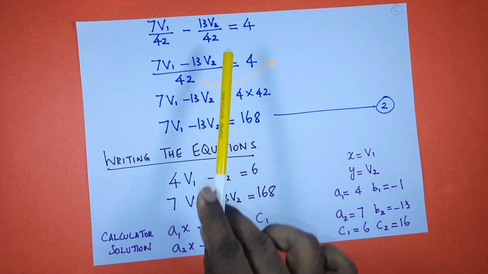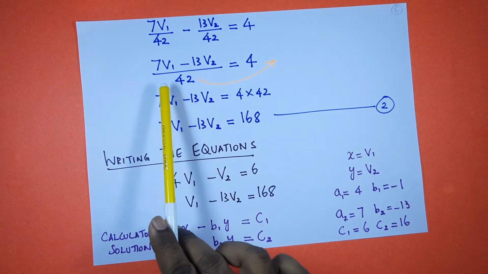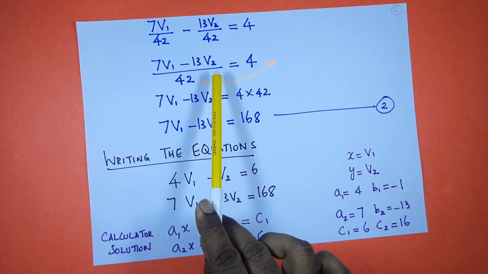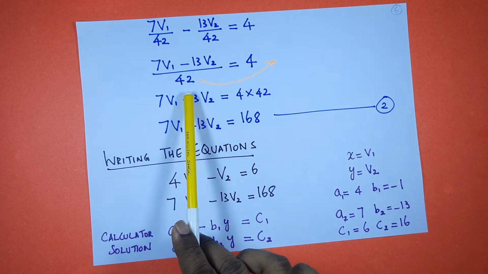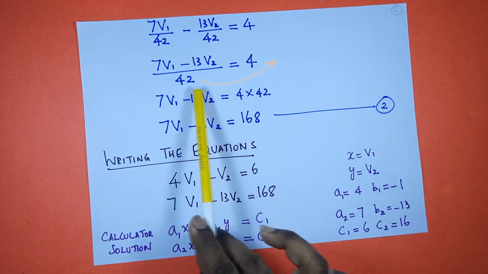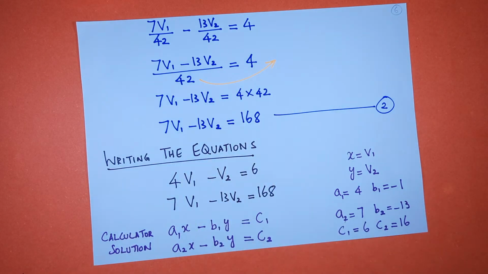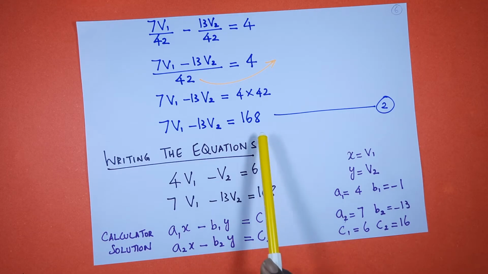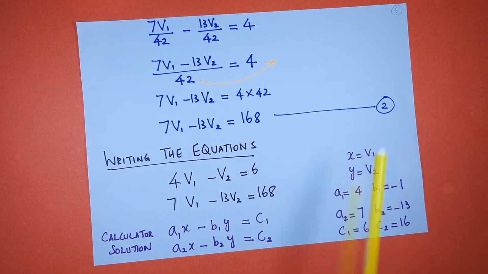So common denominator, I can write 7V1 minus 13V2 divided by 42 equal to 4. Take this 42 this side. So you can write 7V1 minus 13V2 equal to 4 into 42. 7V1 minus 13V2 equal to 168. You call this as equation number 2.